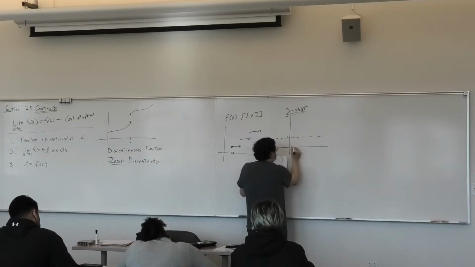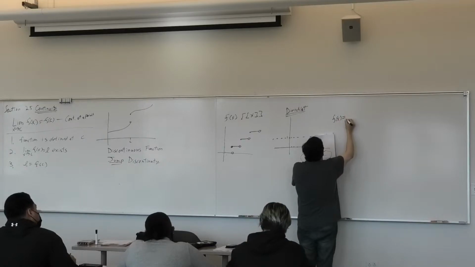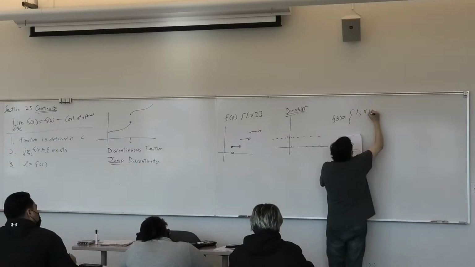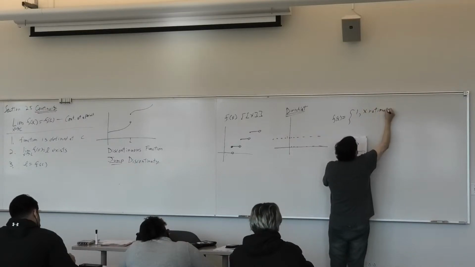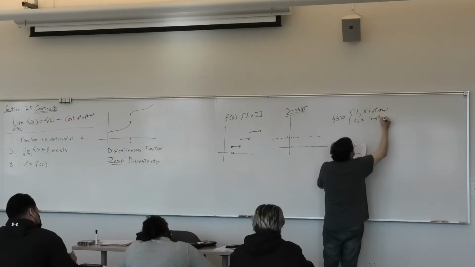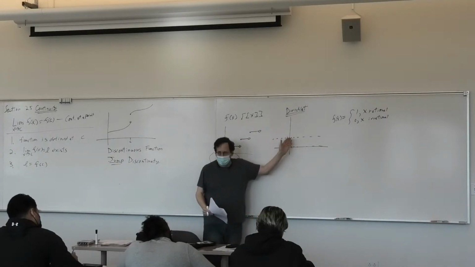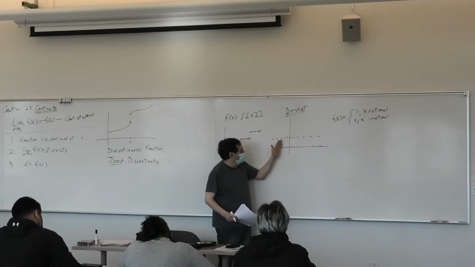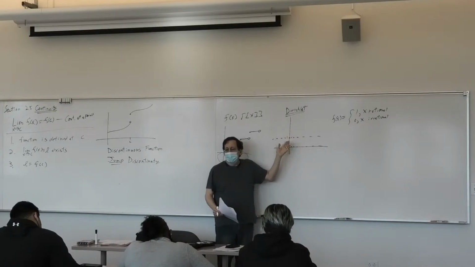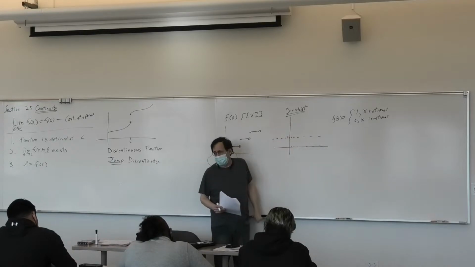It's the function where f of x equals 1 for x rational and 0 for x irrational. We talked about this with respect to limits. At any point, the limit doesn't exist because the function just keeps jumping up and down. It doesn't get close to any point.